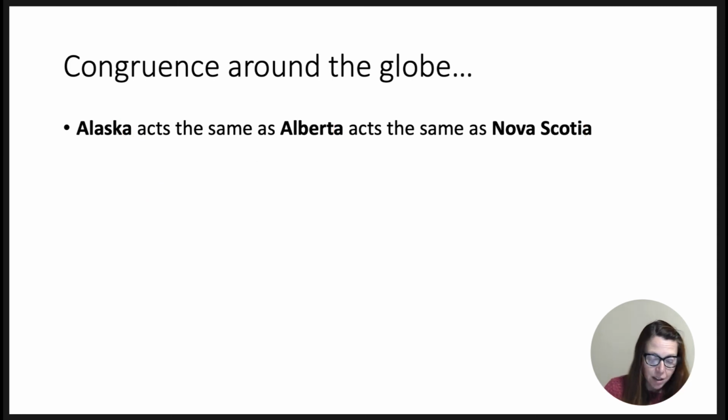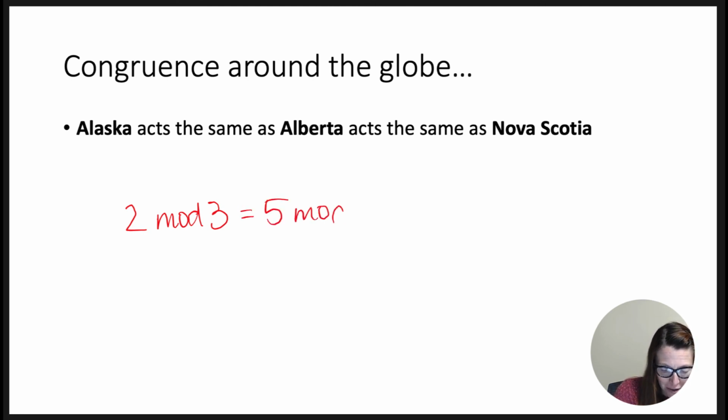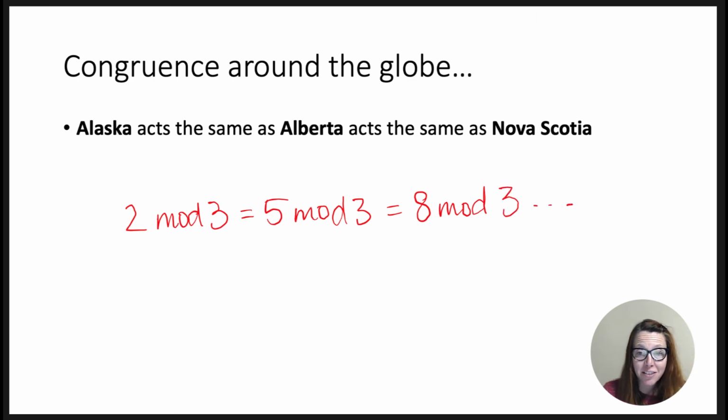So if I have 2 mod 3, this acts the same as 5 mod 3, which acts the same as 8 mod 3, and it's equal to many other numbers. But because this always acts like 2, we always return that 2.